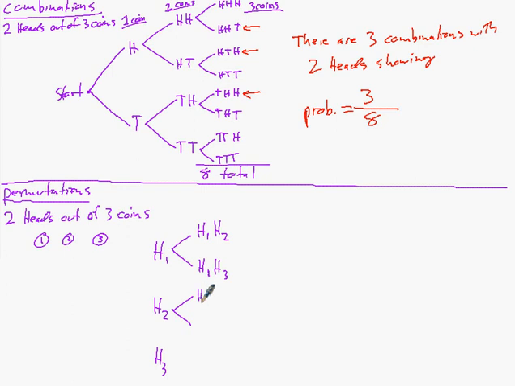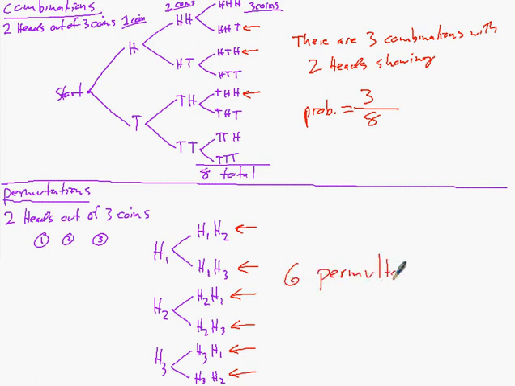If the first heads came from coin 2, then the second heads could come from coin 1 or from coin 3. And similarly down here, if the first heads came from coin 3, the second one could come from coin 1 or from coin 2. So how many different permutations are there, different arrangements of 2 heads from the 3 coins? There are 6 permutations.